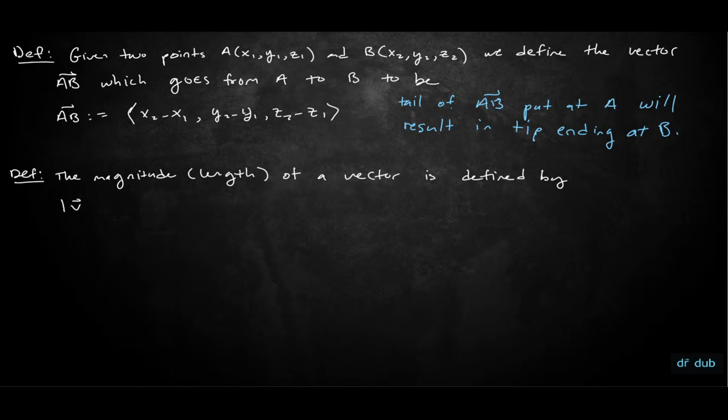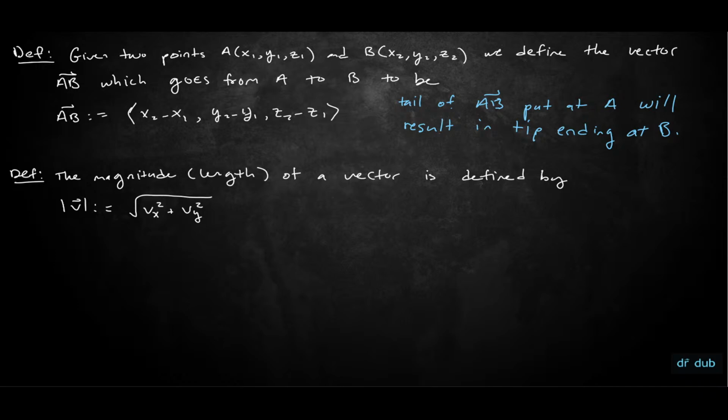Call it the length, the magnitude, or the modulus of the vector. And if it's 2-dimensional, it's vx squared plus vy squared. Take the square root. And that's really just Pythagorean theorem.